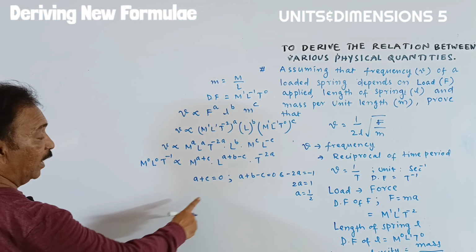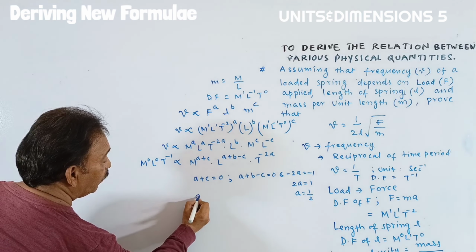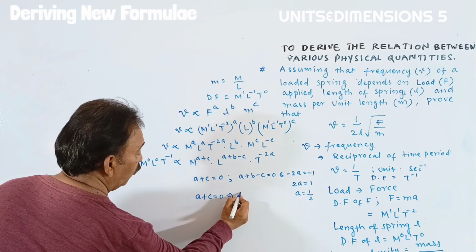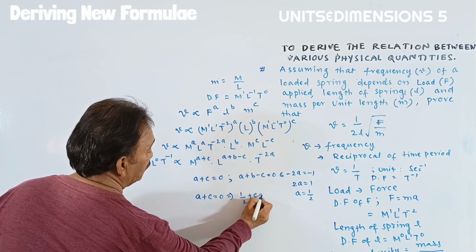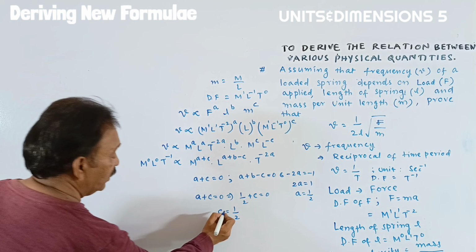We had the value of a is equal to 1 by 2. Here I am substituting in a plus c is equal to 0. In this one, a is equal to 1 by 2, so 1 by 2 plus c is equal to 0 and c is equal to minus 1 by 2.